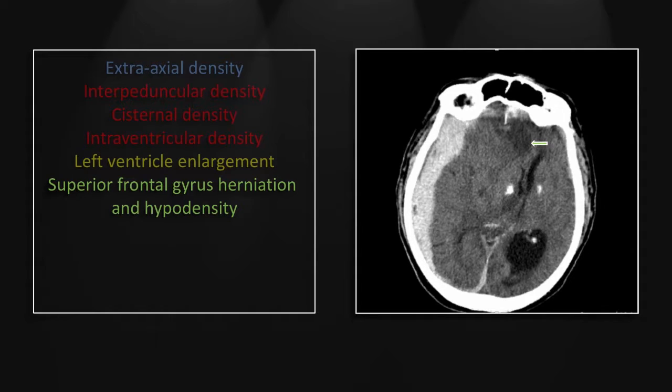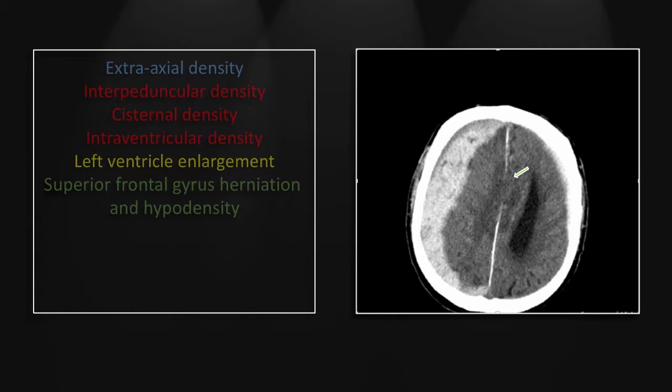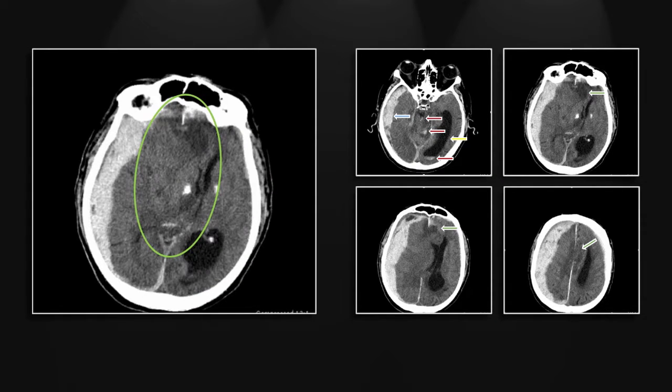On the next cut, you see this unusual hypodensity, which represents the right frontal cortex having herniated under the falx. On the next cut, you can appreciate even better that that is the case. And on the highest, you can see that this begins to conform to a vascular territory.